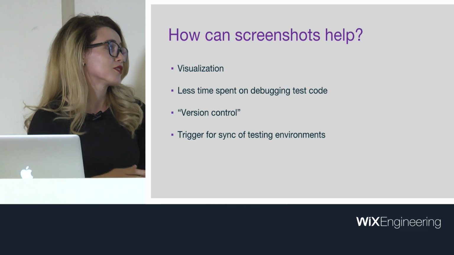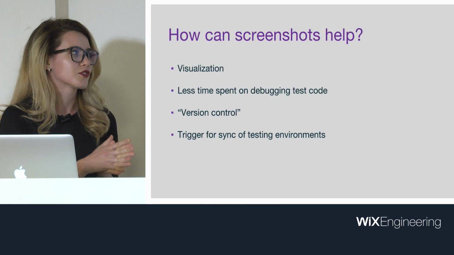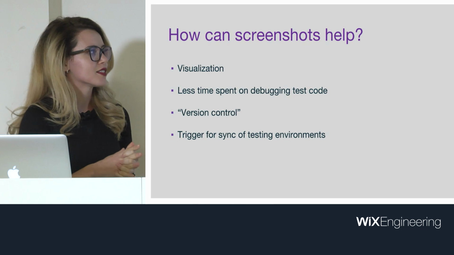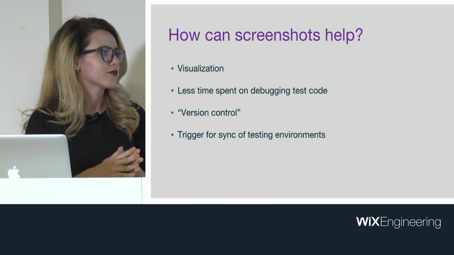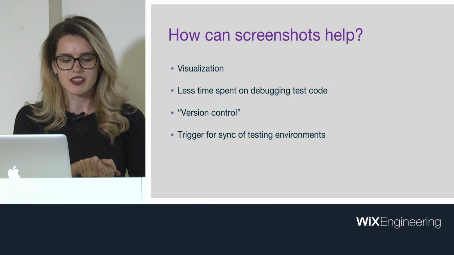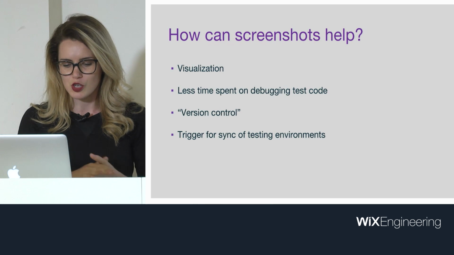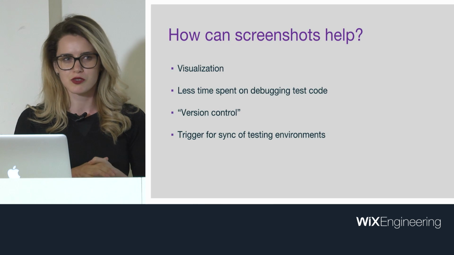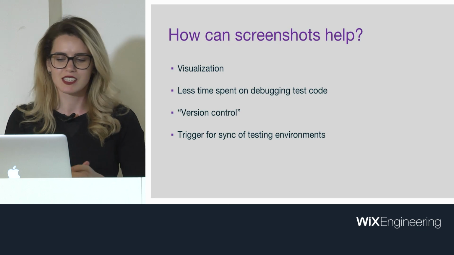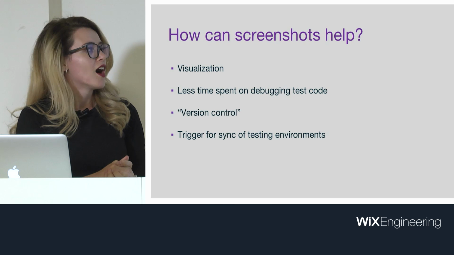And it can also be a trigger for synchronization of the testing environment. What I mean here is that from time to time, you don't have automatic updates on remote machines, and at some point you can get a situation where you're using, I don't know, Firefox 3 on your remote machine, and you already have Firefox 33.